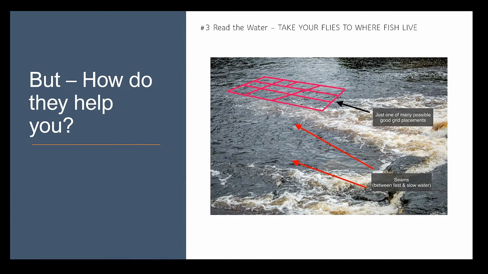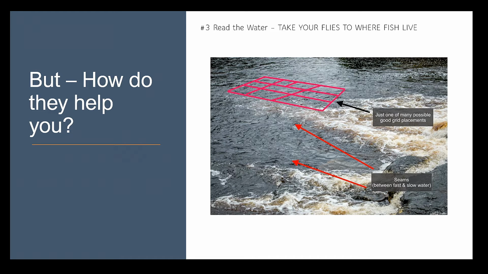The other thing to note is that with the grid approach, it's knowing where to then apply it in the wider scheme. So you don't just plonk it down across the entire pool and fish everything with the same intensity. You can do that if you're researching, completely scientifically, exactly where each of the fish are in a particular section of water.